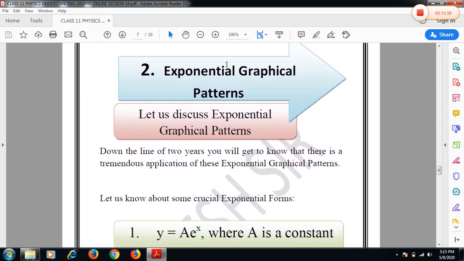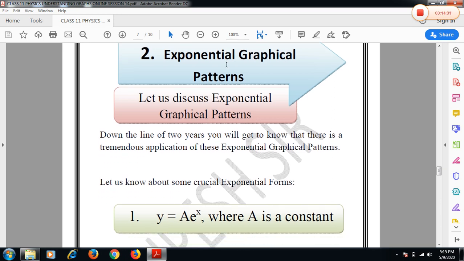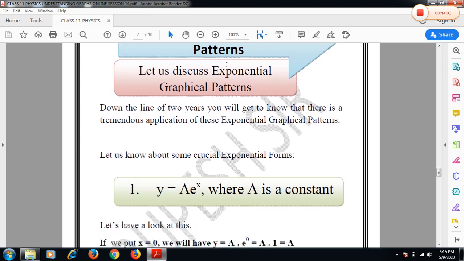You must remember that down the line of two years, you will get to know that there are tremendous applications of these exponential graphical patterns as far as different physical applications are concerned. So learn them very carefully.